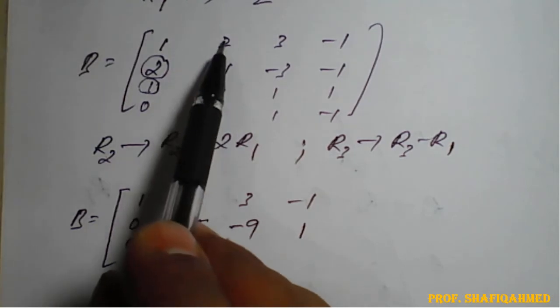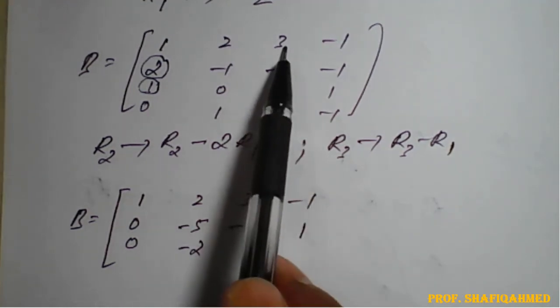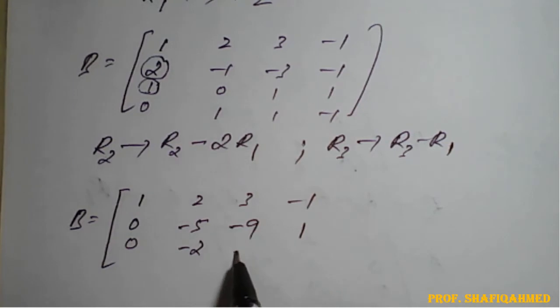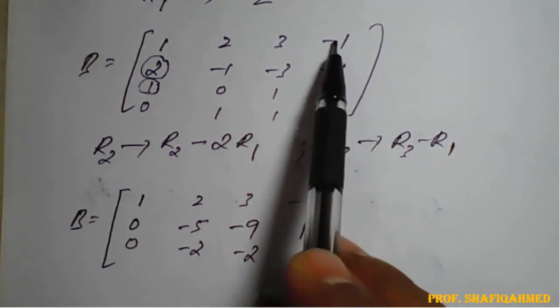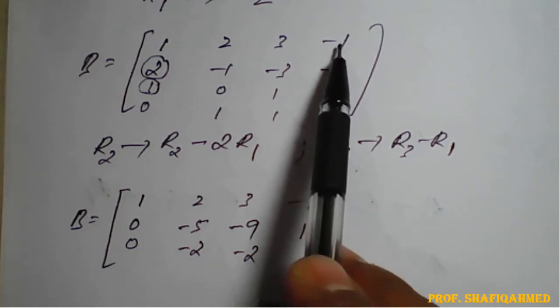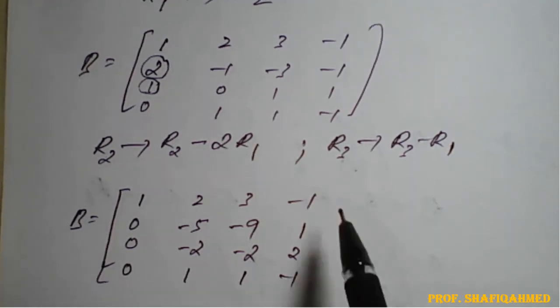Then 0 minus 2 is minus 2. Then 1 minus 3 is minus 2. Then 1 minus of minus 1, the minus becomes plus, so 1 plus 1 is 2. So row 3 is completed. Next, row 4 is already 0, so write it as it is: 0, 1, 1, minus 1.